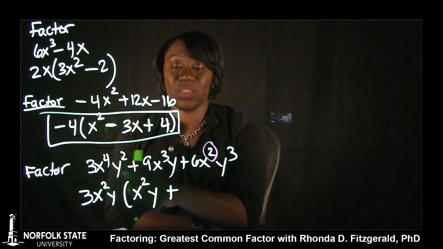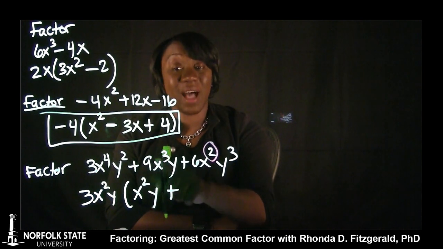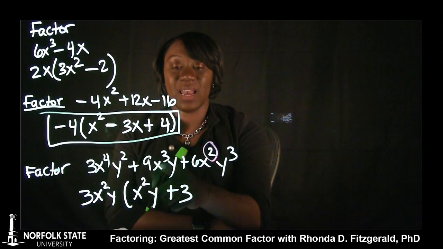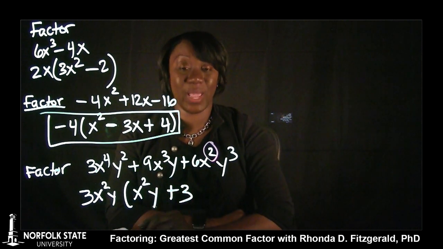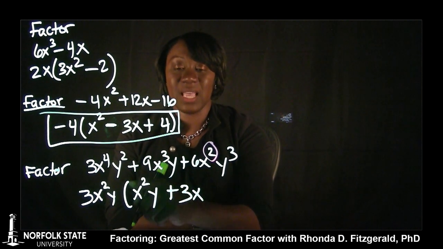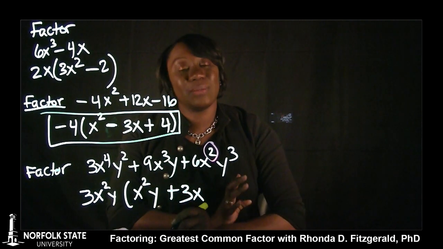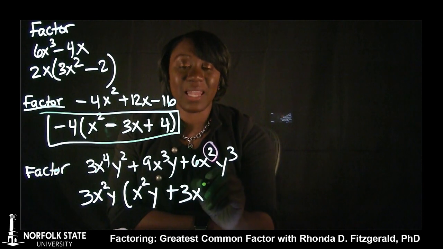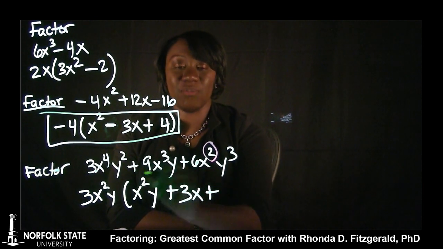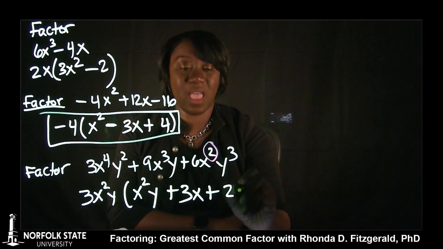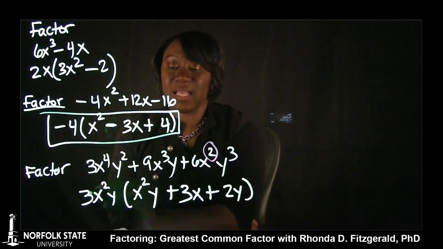Next, when taking a 3 away from 9, or dividing 9 by 3, we're left with a 3. When dividing x cubed by x squared, we're left with an x, and our y, when taking y from y, that goes away. Lastly, we're left with a 2, no more x squareds, and 1y is left.